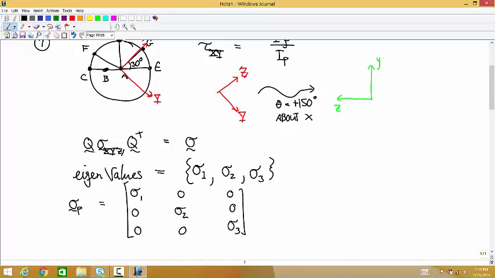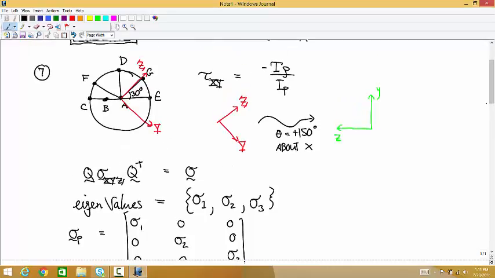And I think what you should get there, for C, F, D, G, and E, the only difference between those is the rotation of the coordinate system relative to where they are. So your principal stresses will be the same for all of those.